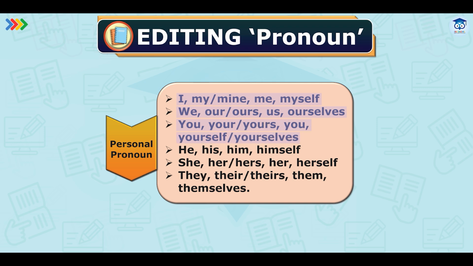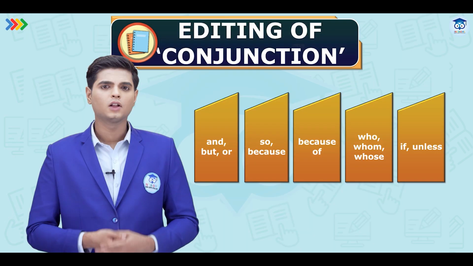When talking about males, use he, his, him, himself, and for females, use she, her, hers, herself. For groups of people, the correct pronouns are they, their, theirs, them, themselves. Choosing the right pronoun not only avoids confusion but also helps your sentence flow smoothly and naturally.